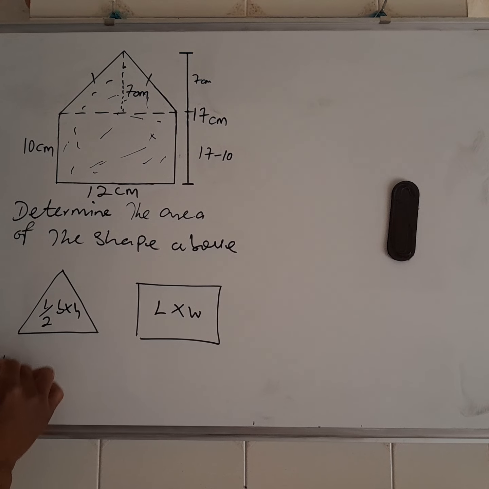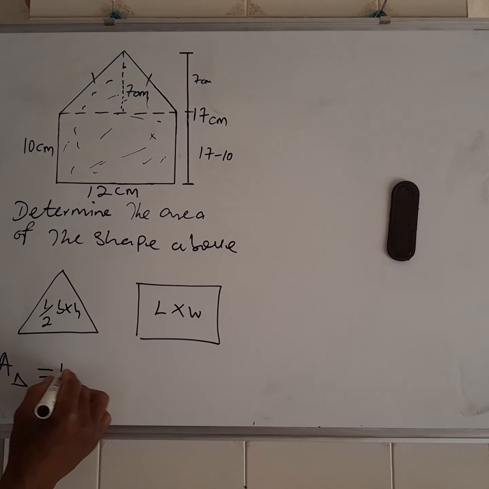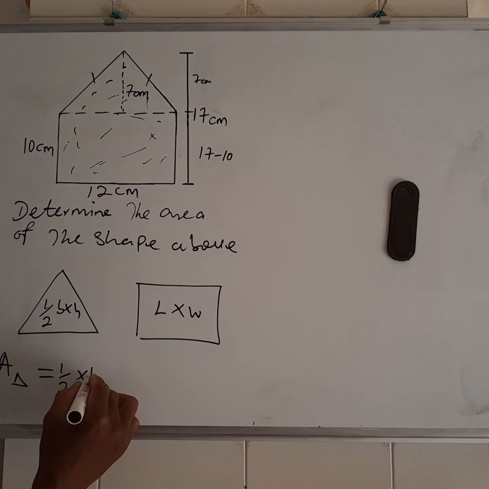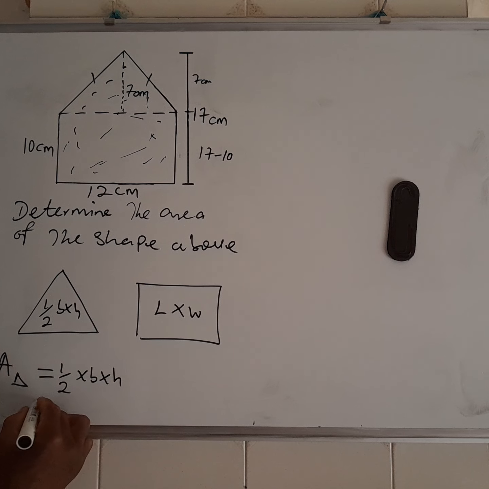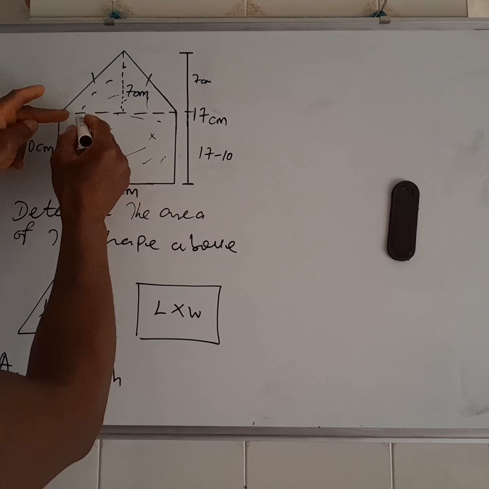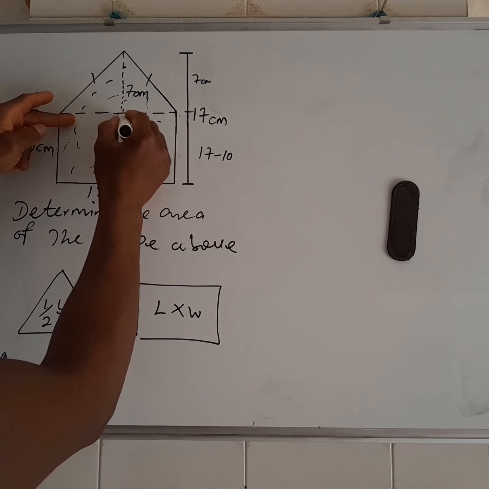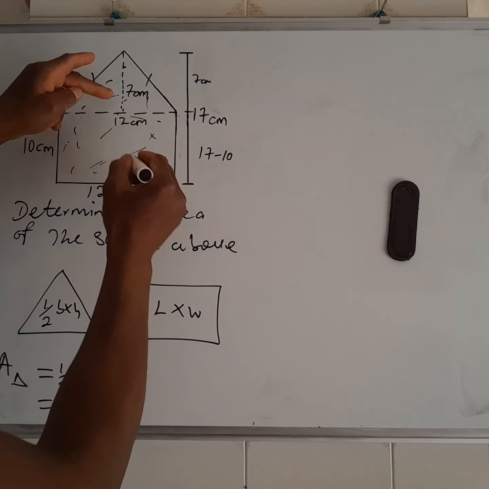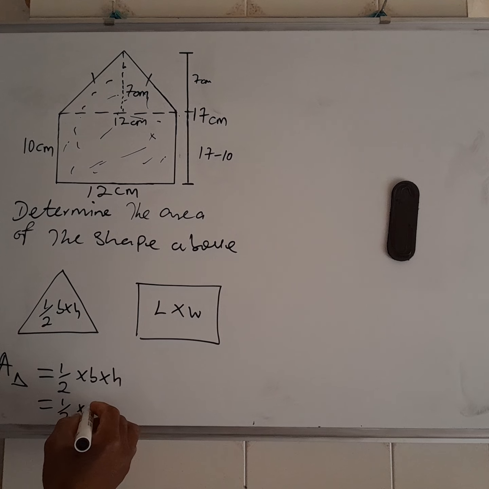So area of triangle is half times base times height. Your base is 12, because if here is 12, then from here to here is also 12 as the base of the triangle.